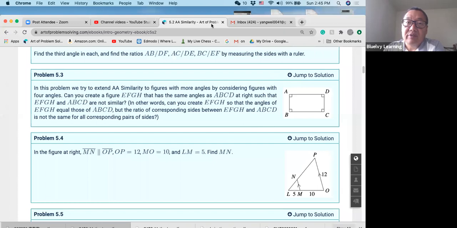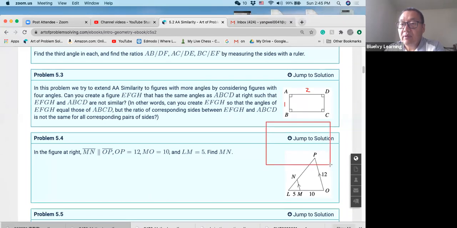Suppose this one is 1, this one is 2. Now you can build another one. Suppose what I build here, this one is 2, this one is 3.